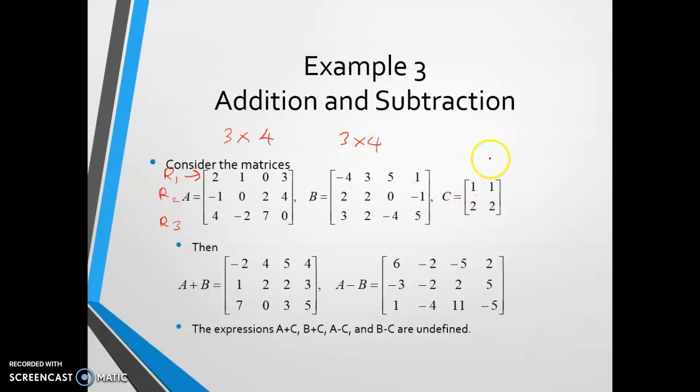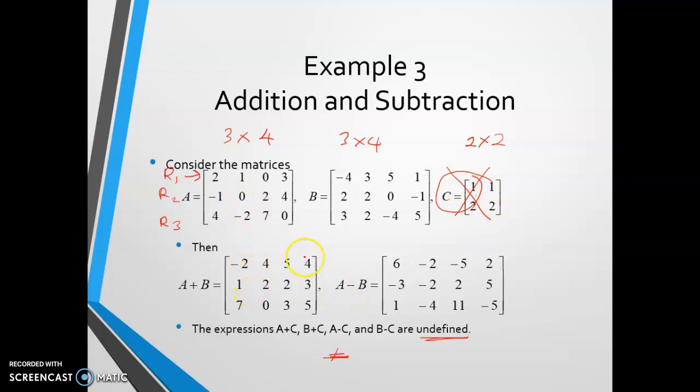And then C is 2 times 2. So the expressions A plus C, B plus C, A minus C, and B minus C are undefined. Kenapa? Because matrix sizes are not similar. So we can calculate A plus B only or B plus A only, not when related to C.